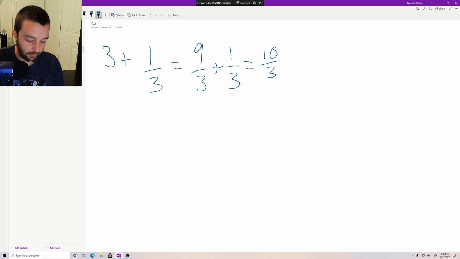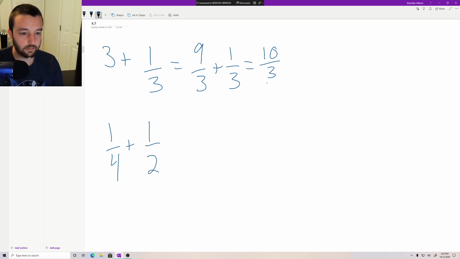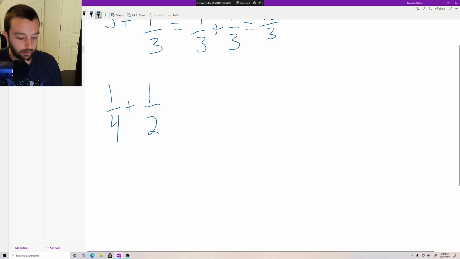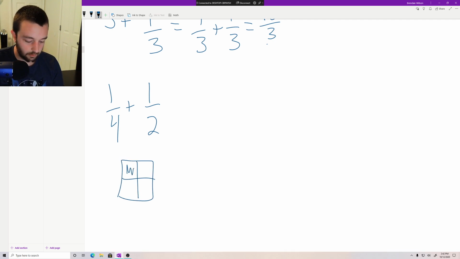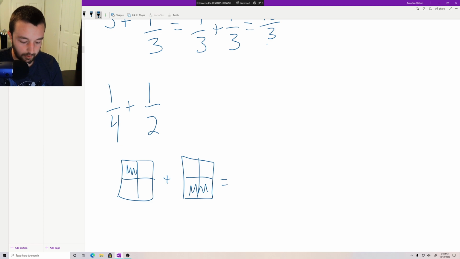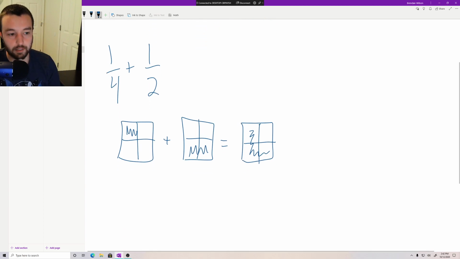What if we had 1/4 plus 1/2? Well, visually, we have 1/4 plus 1/2. We can see we should end up with 3/4 if we put them together.